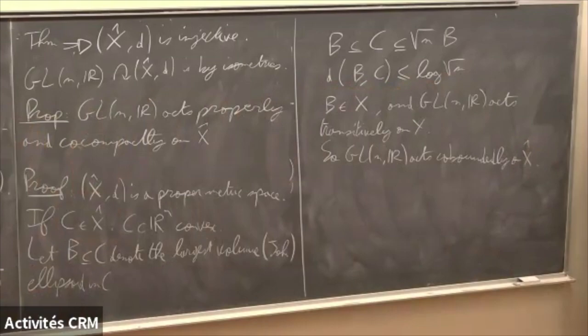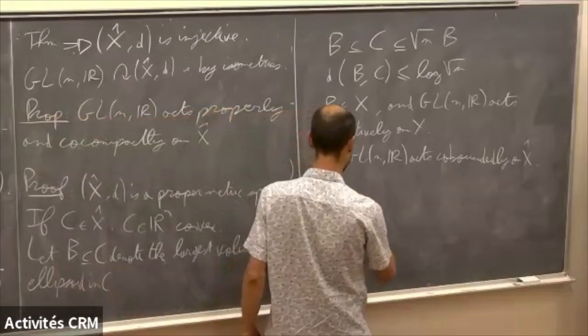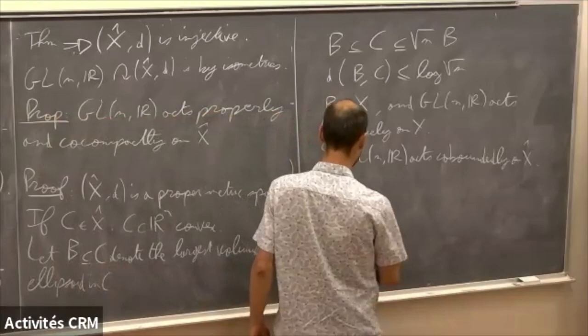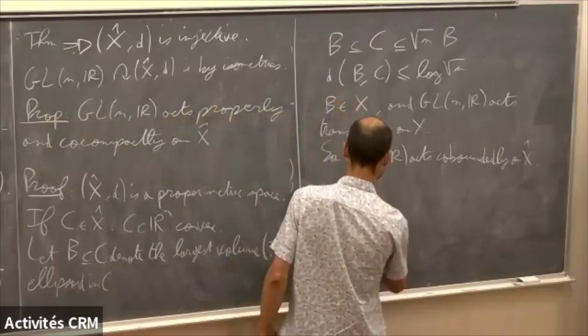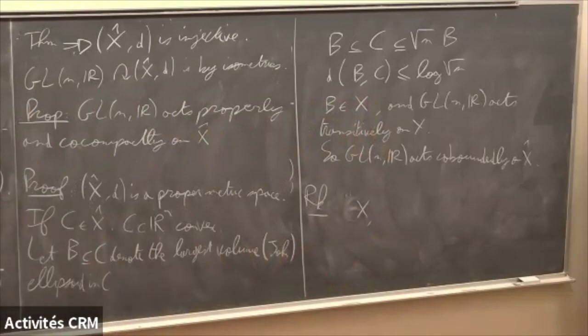So one could wonder what's the relationship between this new metric space and the classical symmetric space. Well, in the classical symmetric space, you could look at the metric given by flats. So it's the way to measure points inside a symmetric space, to look at flats, which are isometric copies of Rn.